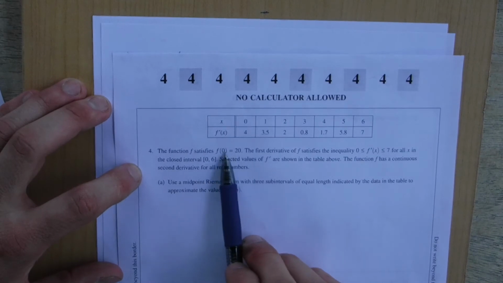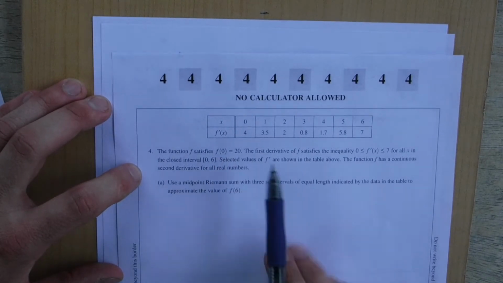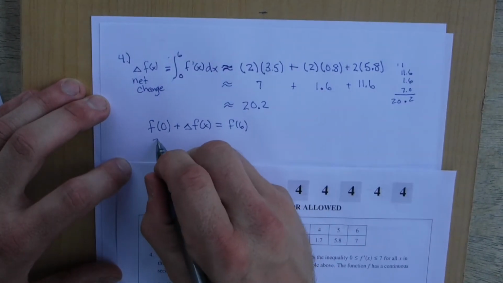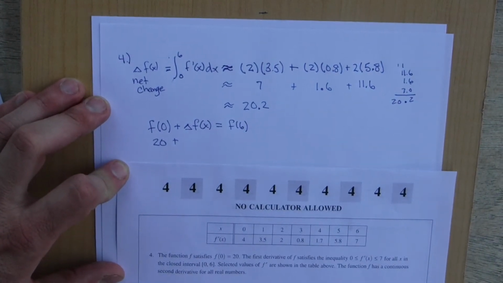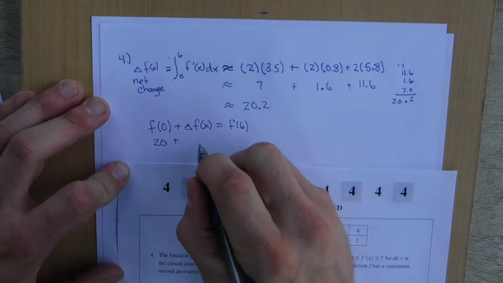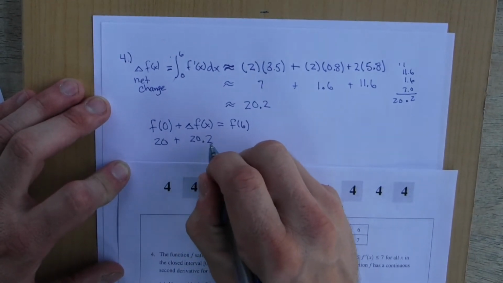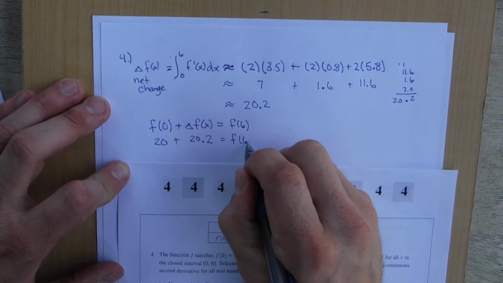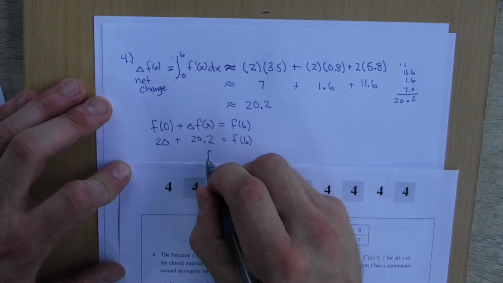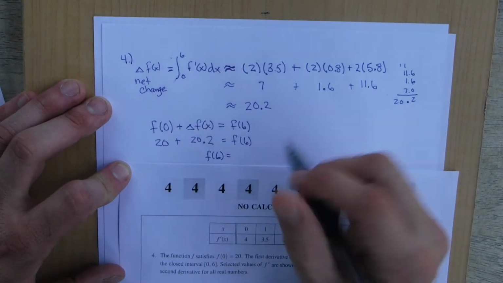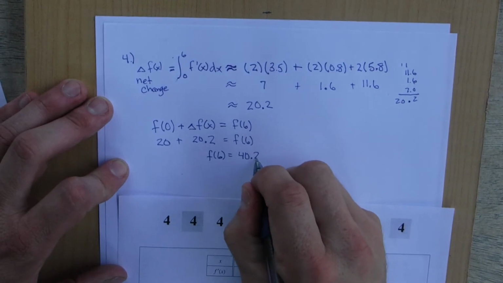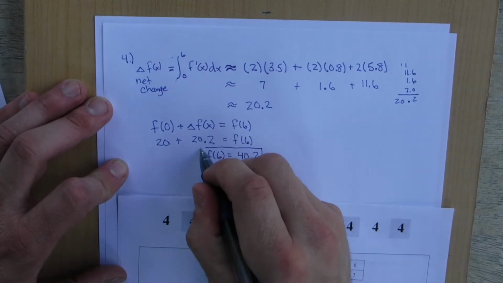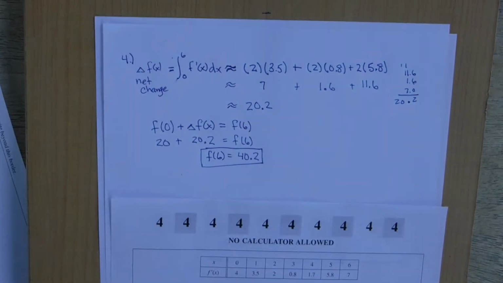Taking this initial condition into account, we know that f of 0 is indeed 20. I just showed that my net change is 20.2. And so f of 6 is approximated, because this is a Riemann sum, it's an approximation, of 40.2. Okay, that's my approximation of f of 6.